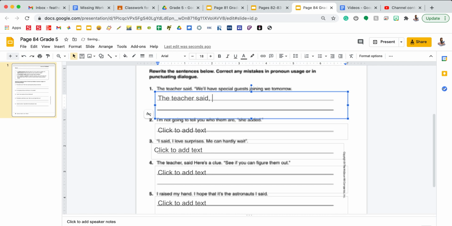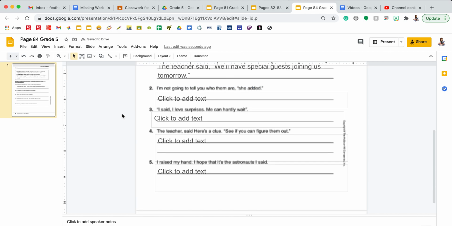Don't forget your comma between who's speaking and what the direct quote is saying. And we're changing we to us and adding the end quotations. You will go through 2 through 5 on your own.